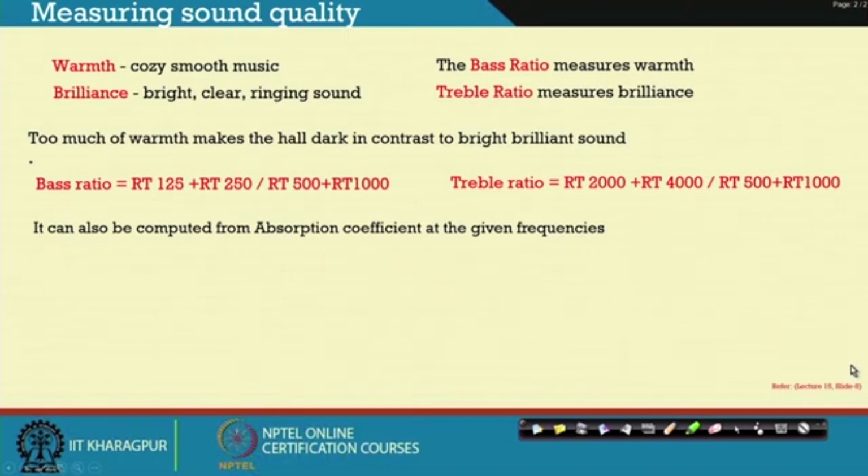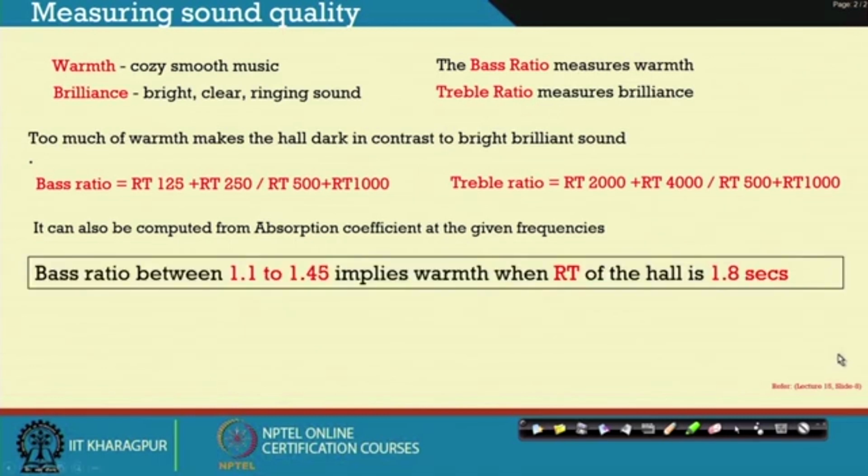RT may not always be available to you. You can get the absorption coefficients at the given frequencies, and you can calculate the bass ratio or the treble ratio. So, a bass ratio between 1.1 to 1.45 implies warmth, when the RT at 500 and 1000 is 1.6 seconds.